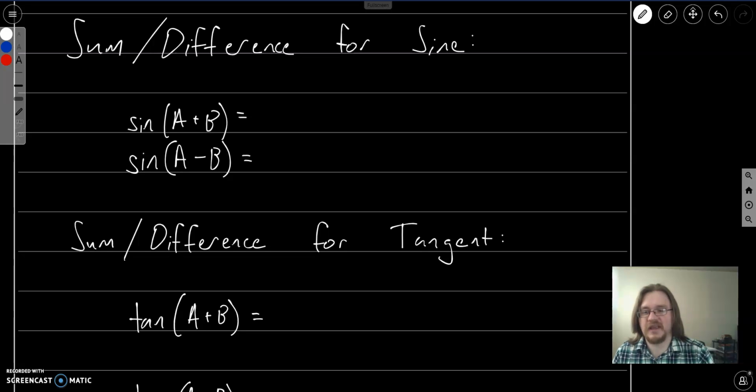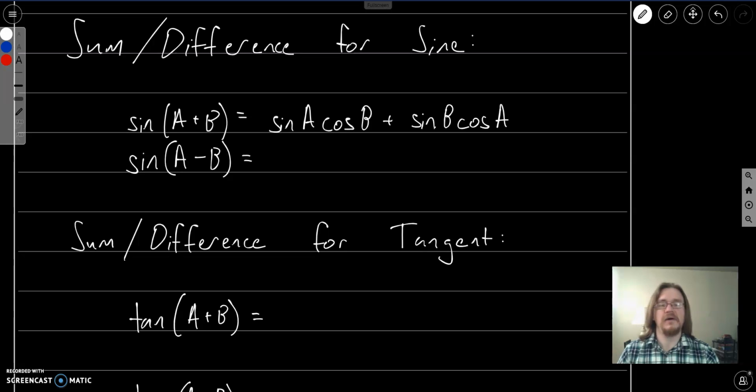And these guys look a little bit different, but they are remarkably similar. So for the sine, we're going to have sine A cosine B plus sine B cosine A. So what we notice is that we'll start with sine A because those are the ones that are closest together here. So this is how I remember it.